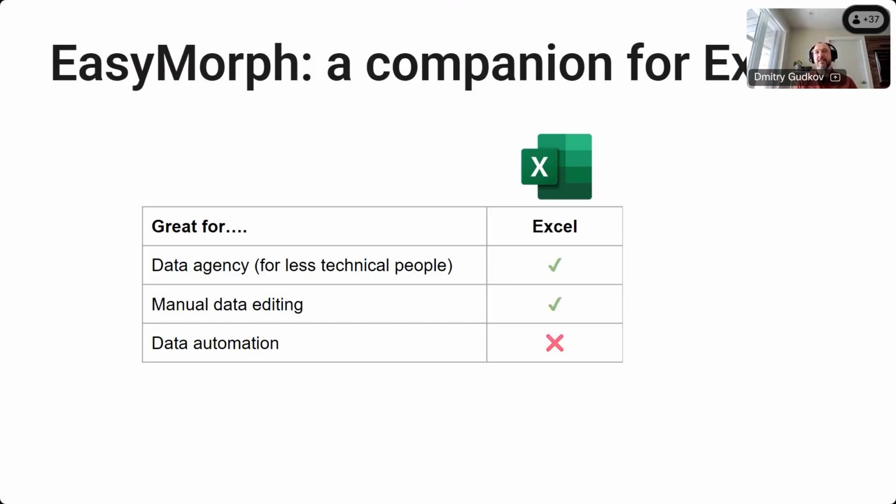And we know that Excel is great for manual data editing. It gives a lot of freedom. It has a very simple principle at its core, but it opens massive possibilities for data editing and calculations. At the same time, well, the data automation story for Excel is pretty bleak, and it goes against all the principles of Excel.